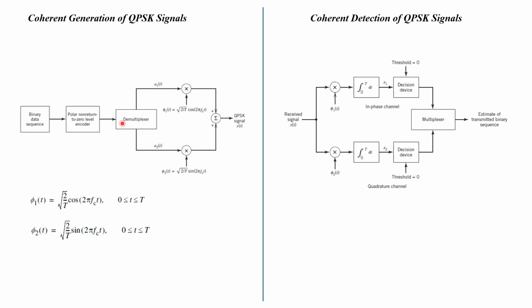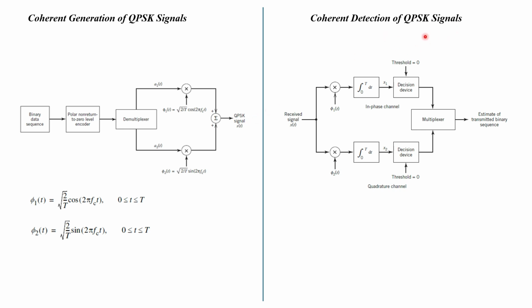Therefore, divide that bit sequence into even and odd numbered bits and multiply them with the orthonormal functions or the carrier functions, cosine and sine, and then add them in order to get the QPSK signal.